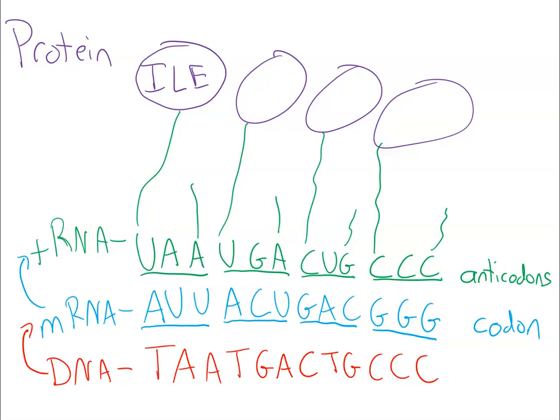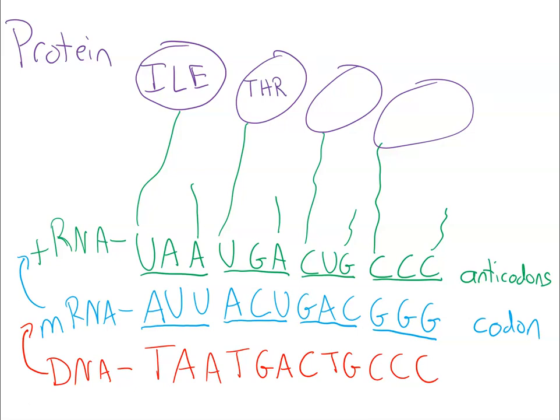Well, remember, the genetic code uses the codon information. So if you look up AUU on the genetic code, you will see that AUU codes for the amino acid isoleucine. The next amino acid is going to be threonine, or THR.